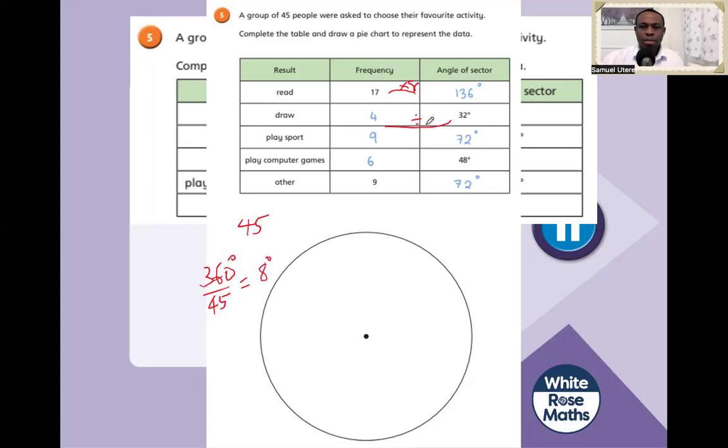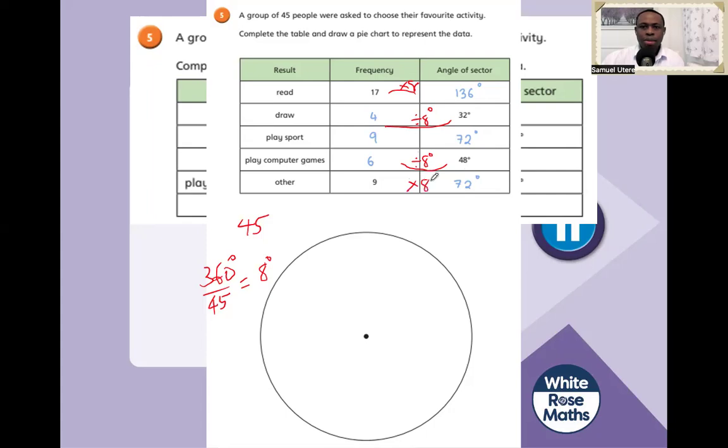So here we divide by 8 to go that way, and we're getting the actual number. When you want to get the degrees, you multiply by the 8.